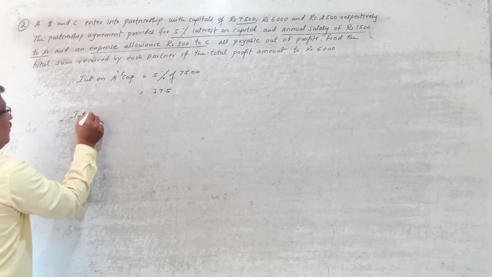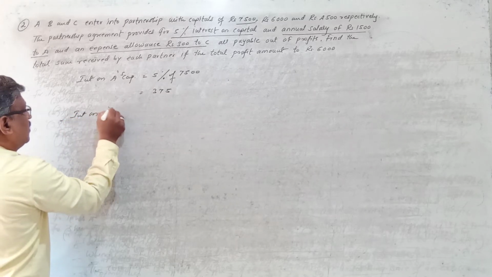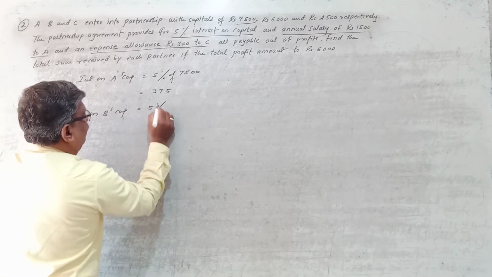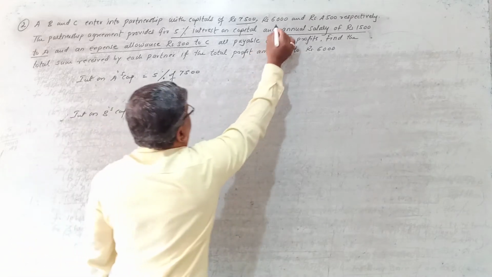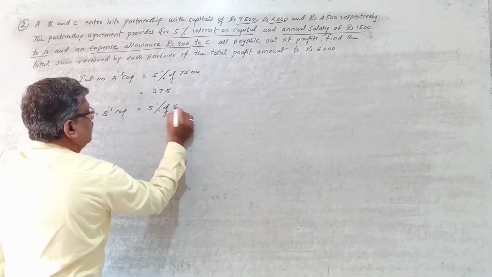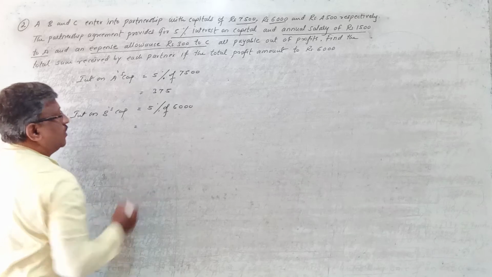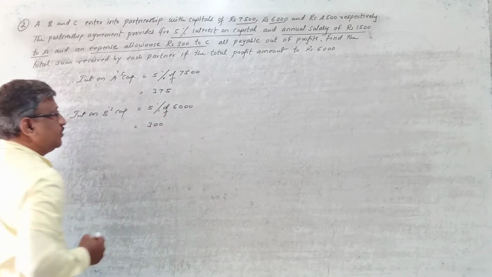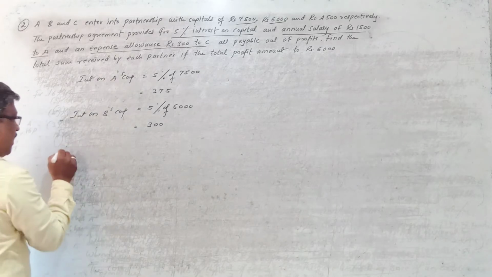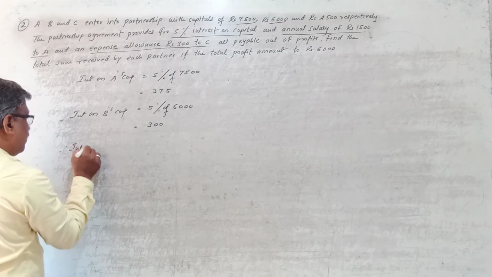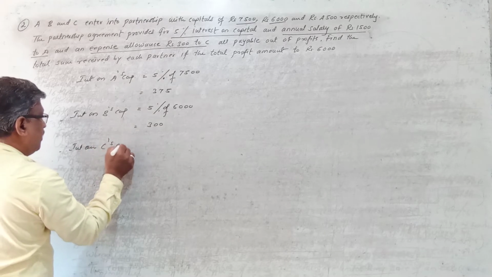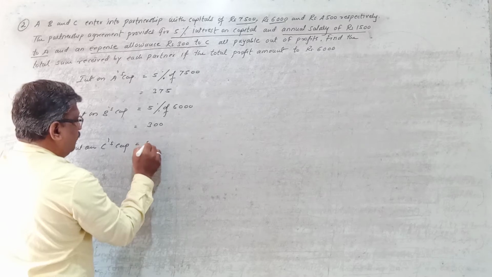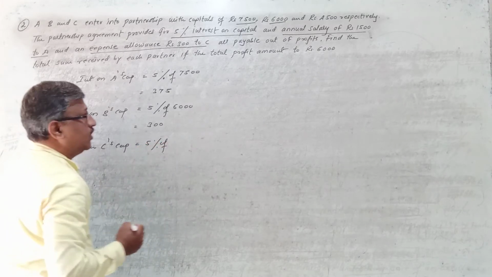Then you have to find interest on B's capital, which is 5% on B's capital. B's capital given in the problem is 6,000. So 5% of 6,000 comes to 300 rupees. Like that, you have to calculate interest on C's capital, which is 5% on C's capital.